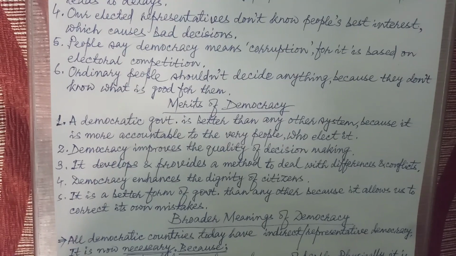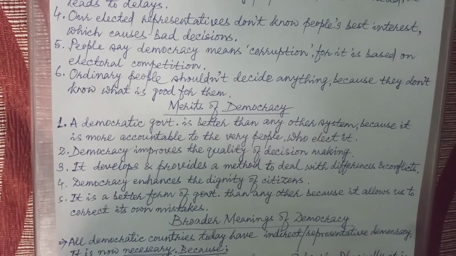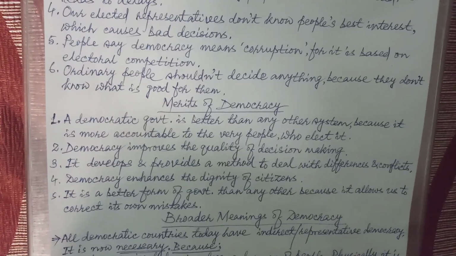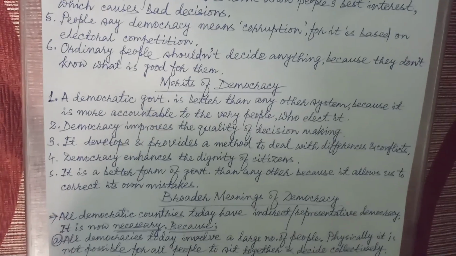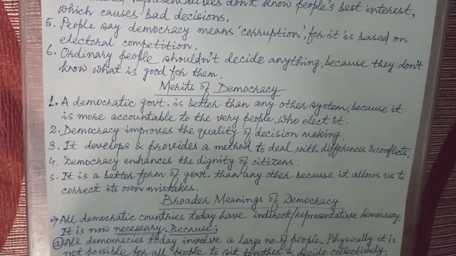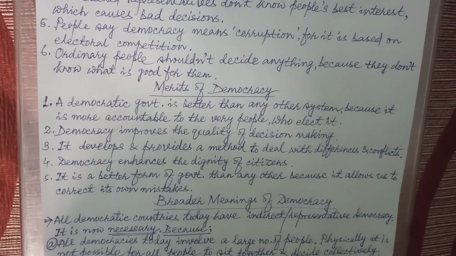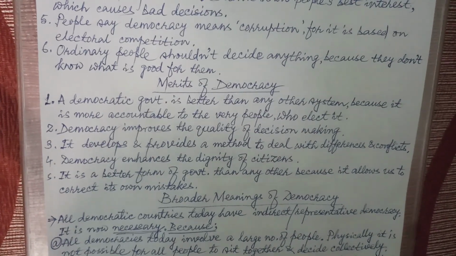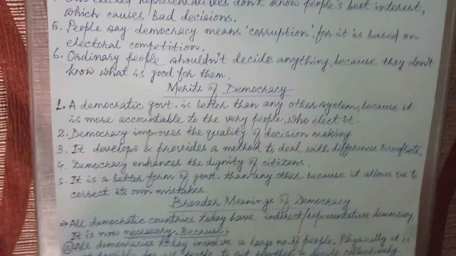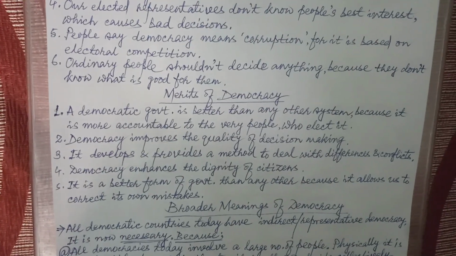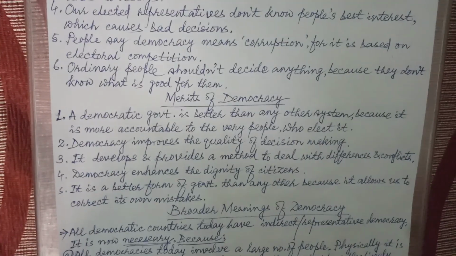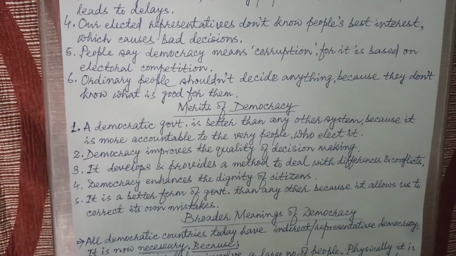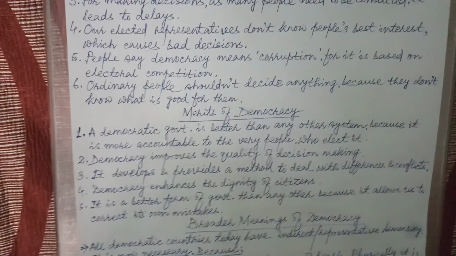If only one person takes the decision, he may not be able to know what is wrong, what is right. But if many people are consulted, many people are holding meetings, then there is the possibility that mistakes would be indicated by some of them and they can be reduced. So, chances of committing mistakes are very few in a democracy when it comes to decision making, and hence we can say the second merit of democracy is that democracy improves the quality of decision making.